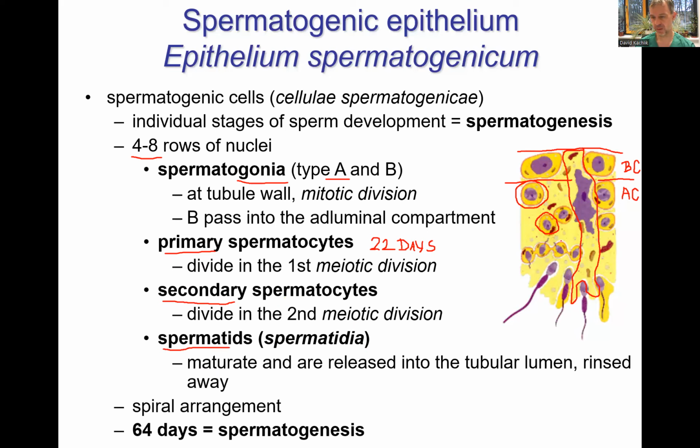The spermatid is then slowly changed into sperm. As you can see, the most important changes are the morphological changes, mainly formation of flagellum and acrosome, acrosome with enzymes and flagellum here. And it takes approximately 64 days, and it's called spermatogenesis.